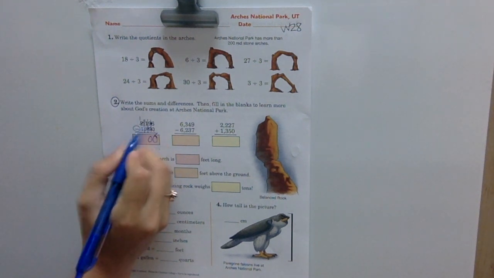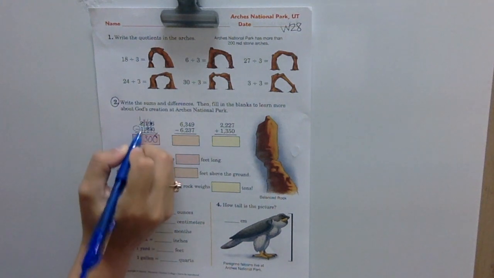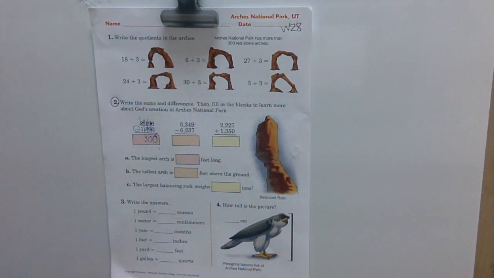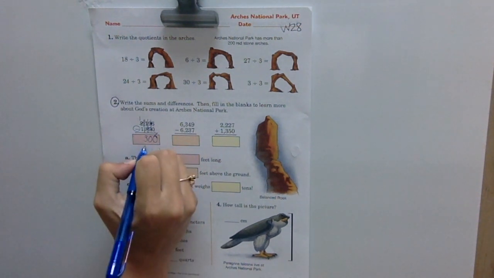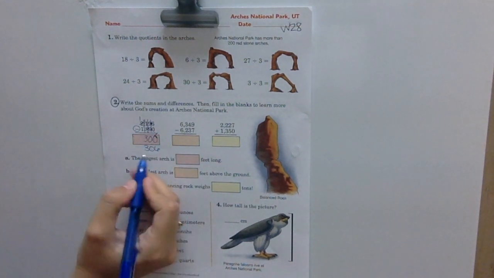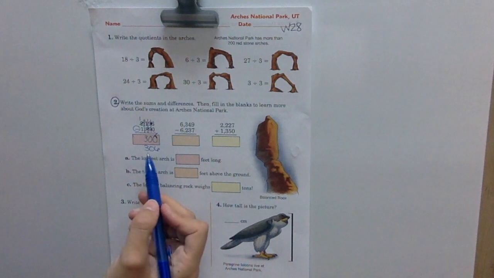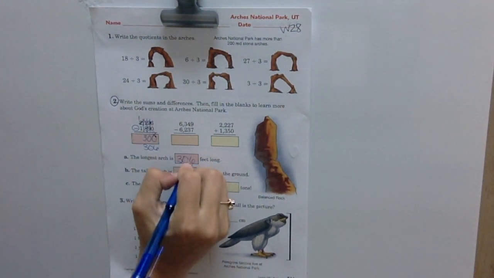So now it says 11 minus 8 is 3. 1 minus 1 is 0. But I do not have to write that 0 down because it's the last number there. So my answer here is 306. I'm going to write that again because my 6 is a little funky. So 306. Now we're going to write 306 right here because it's the pink box.